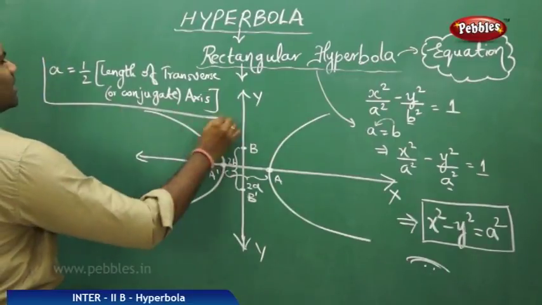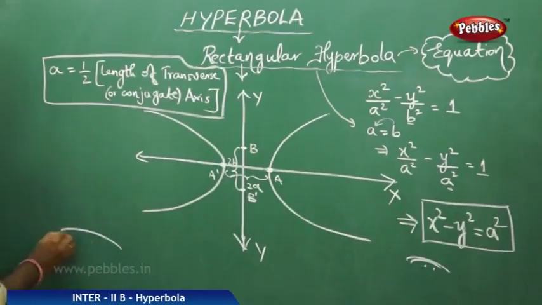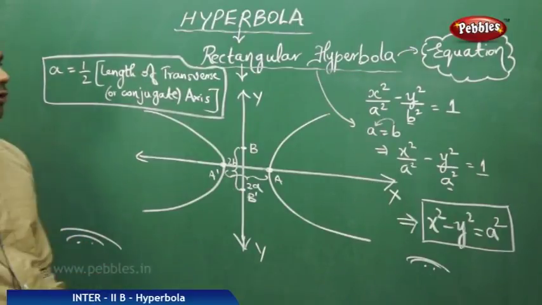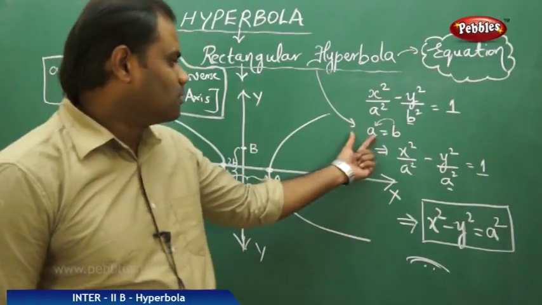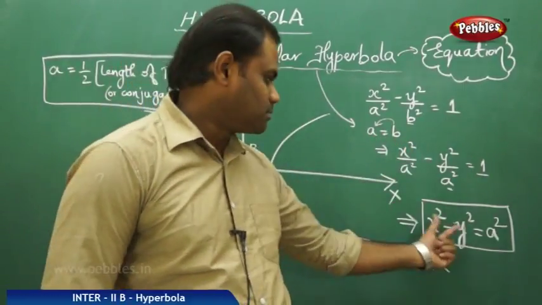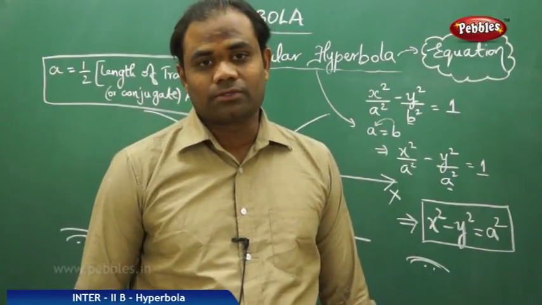Therefore, for a rectangular hyperbola, we only have A but not B, simply because A is equal to B. It reduces to x squared minus y squared equal to A squared.